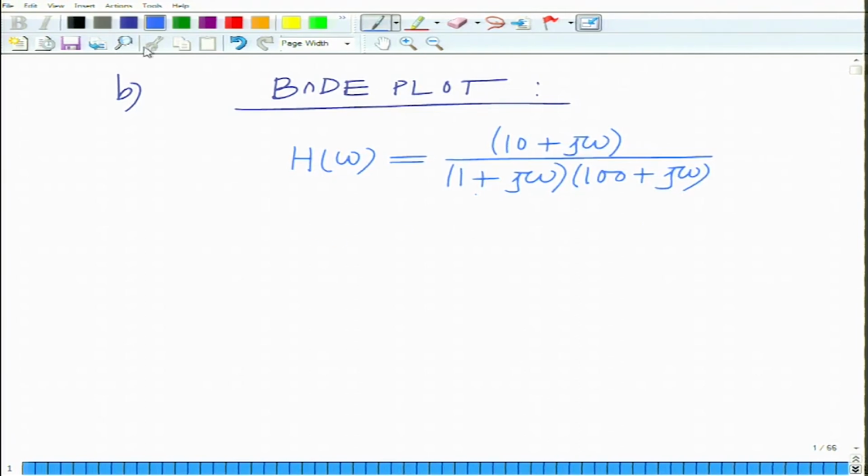Now I want to find the Bode plot for this. Now, I can simplify this as follows.